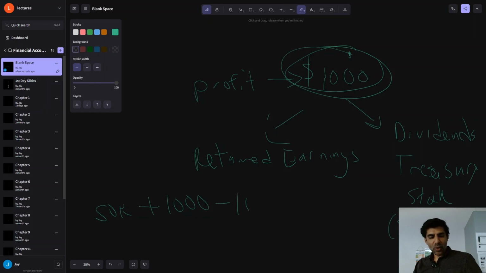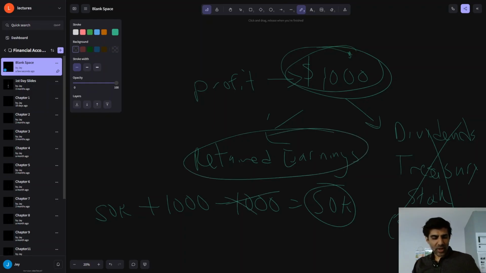But then if we paid all of it out as dividends, our ending balance would just be 50K. We would not have increased our retained earnings. So if we choose to not do this and retain this, then this goes away. And we now have 51K in retained earnings. So now we've kept that net income within the business and we're now buying more assets with it.